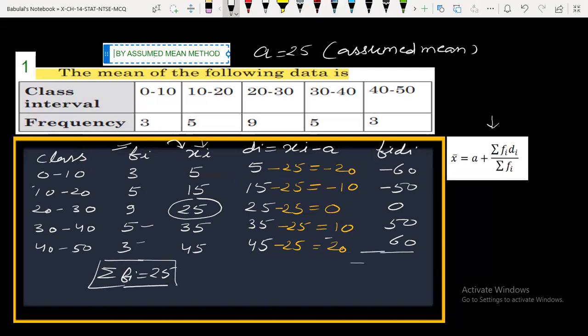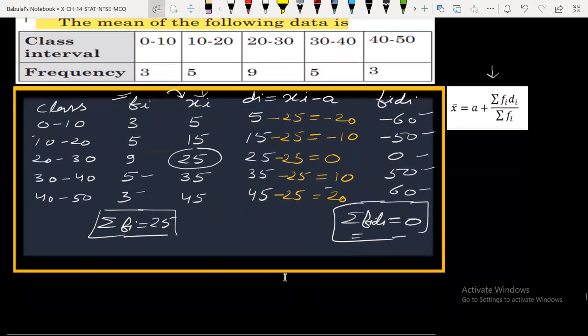And here we also have to find the sum of fi di: minus 60 minus 50 plus 50 plus 60, and this will be 0. आप इन सबको add करके देखिए, minus 60 plus minus 50 plus 0 plus 50 plus 60, minus 110 and plus 110 cancel, and this is 0.